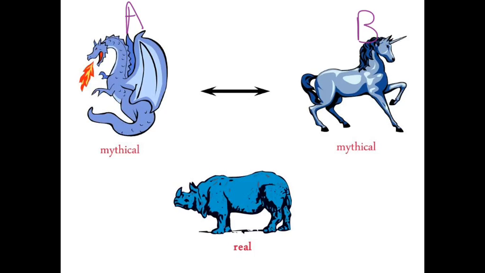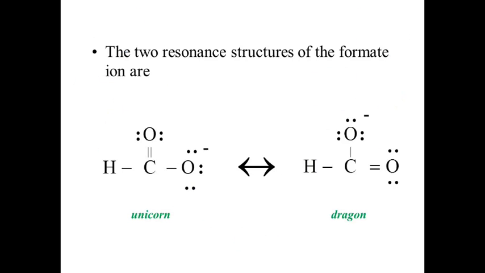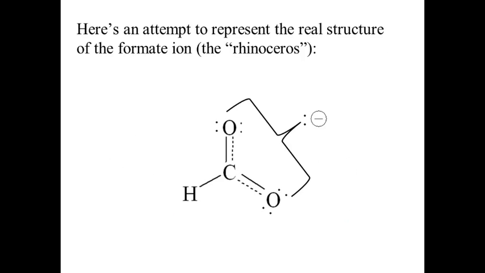Swinging from oxygen B, that's this scenario. What the formate ion does is probably go back and forth between those two, in reality. So here they are, A and B, swinging the lone pair electrons from the north and then from the east. What really happens is probably somewhere in between, like this.